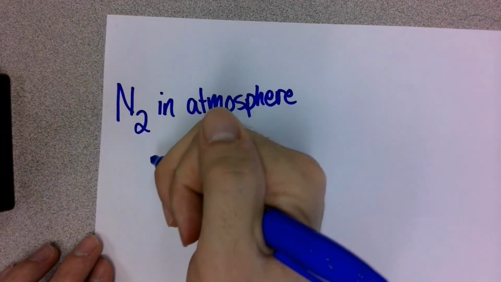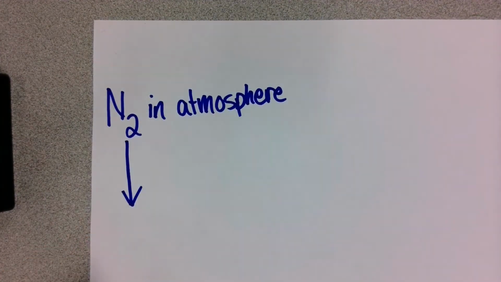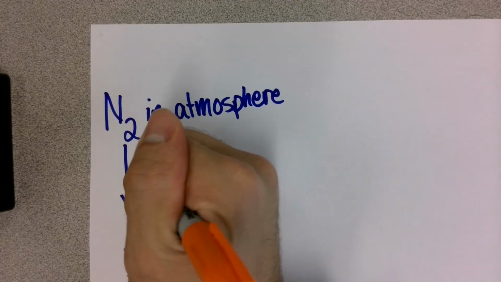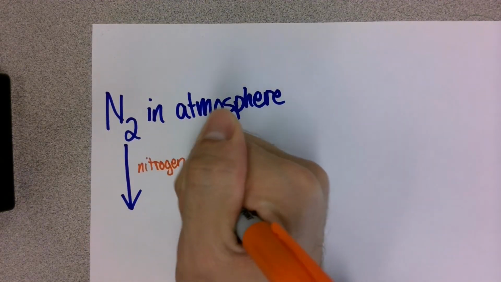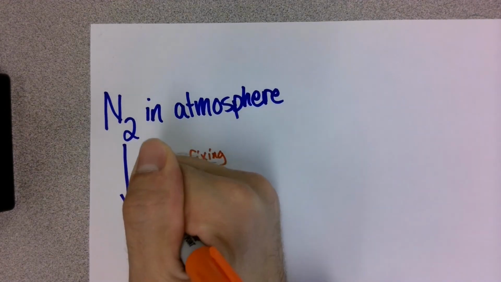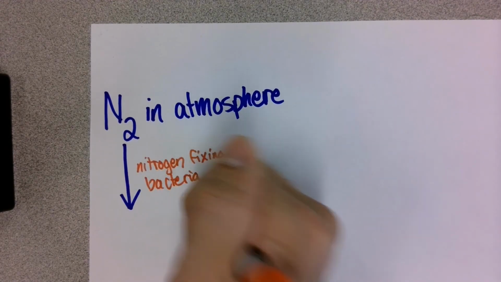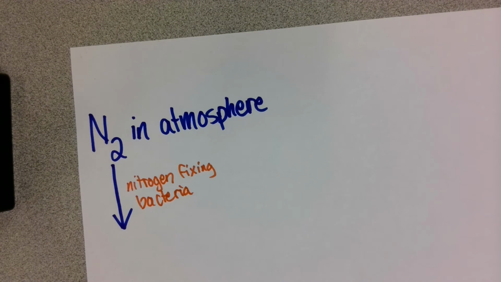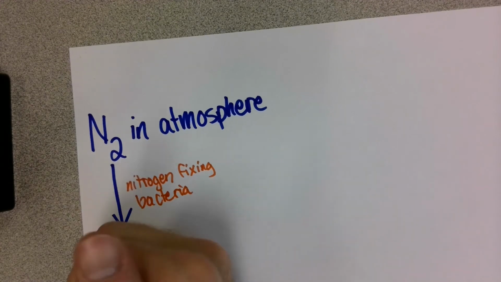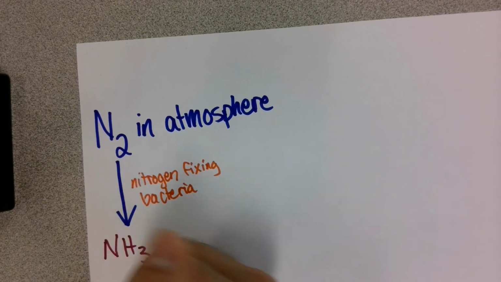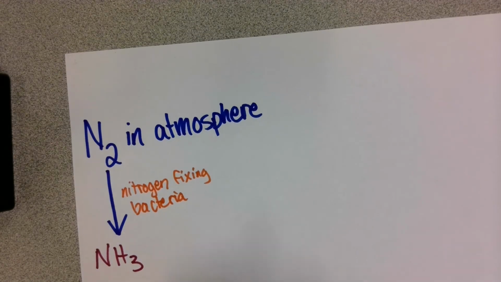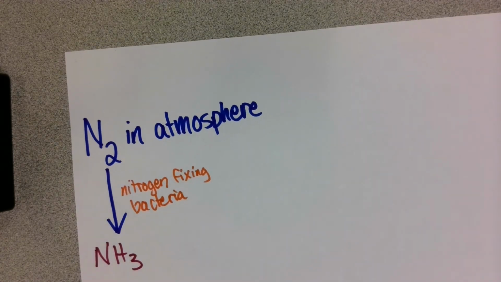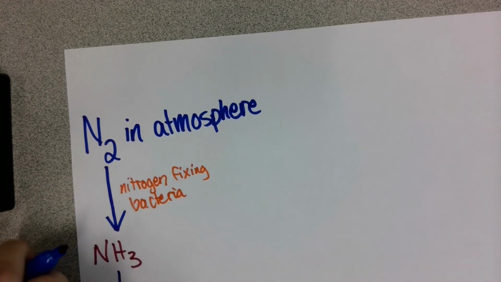It is going to be taken in by these nitrogen-fixing bacteria and turned into NH3, and then it will be turned into NH4.